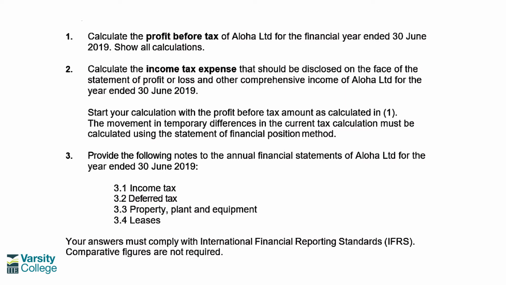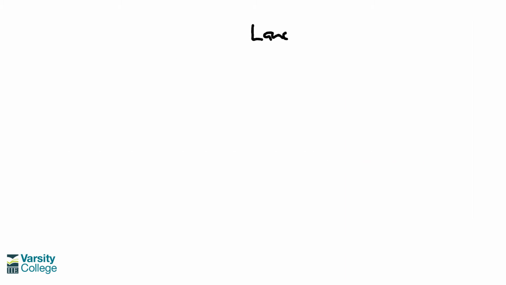So we only need 3 columns: land, buildings, and plant and machinery. Again, no abbreviations on your part, please. I suggest you always prepare your template first because it's never going to change. So just set the template out first.